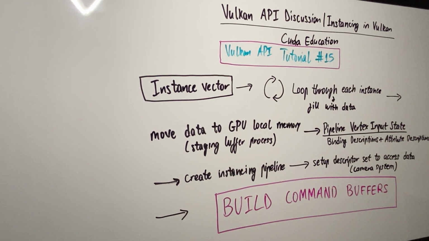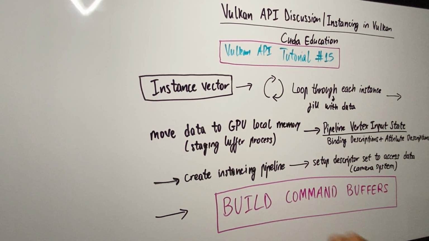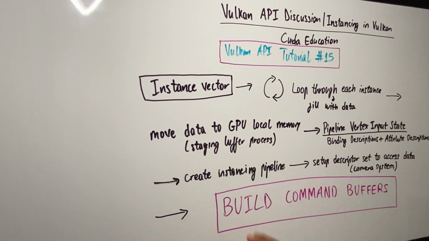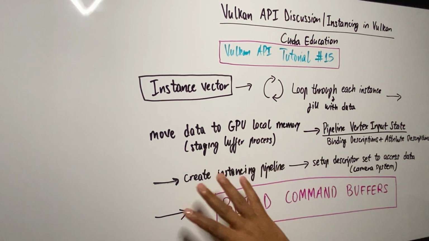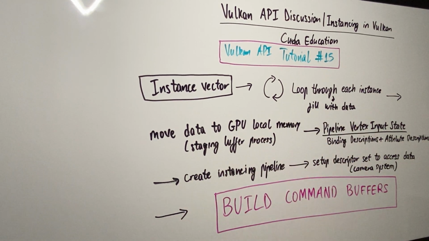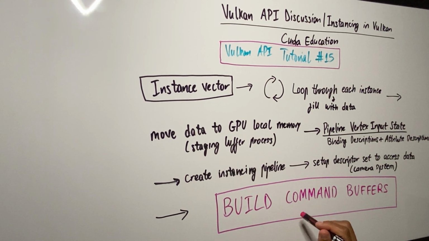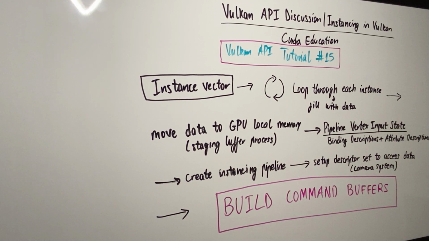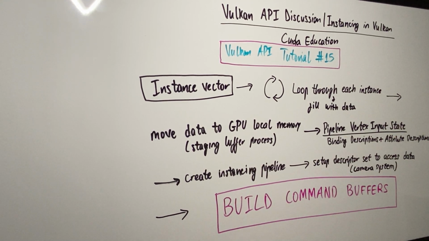So this is really the key. This is the finale, and everything else that we do is in preparation for when we're writing the command buffers, so that we could draw what we need to draw on the scene and get it done.